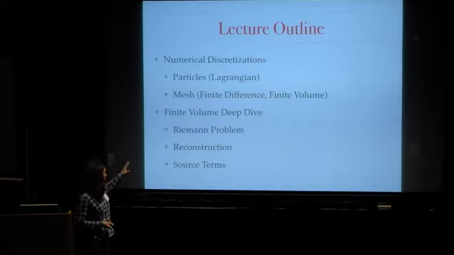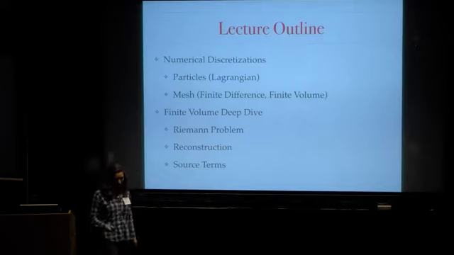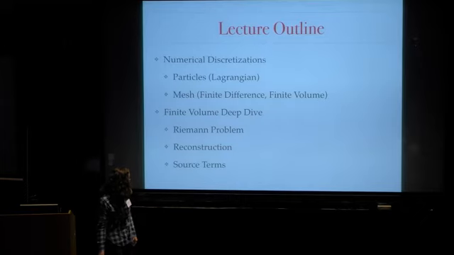So we're going to spend most of the time talking about finite volume methods. There are a few key features that go into that, and we're going to spend a lot of time on the Riemann problem. That's going to take us through to the end of the lecture.